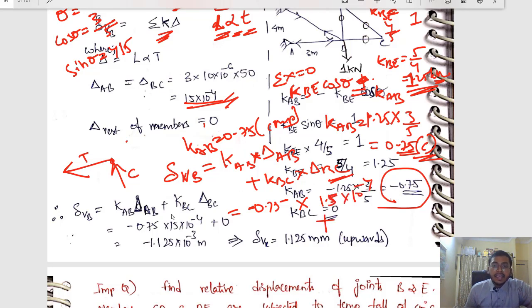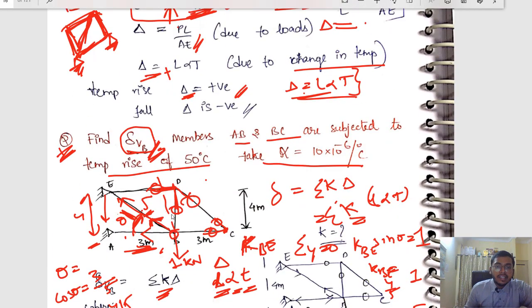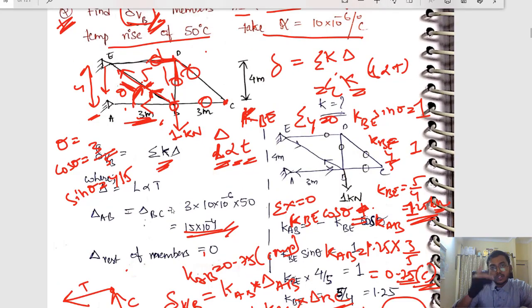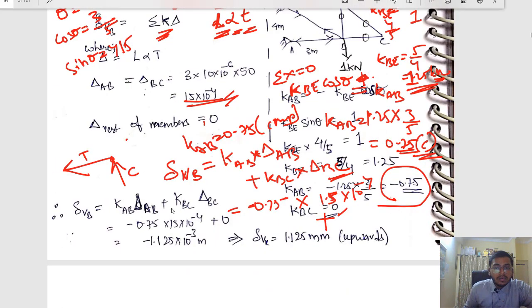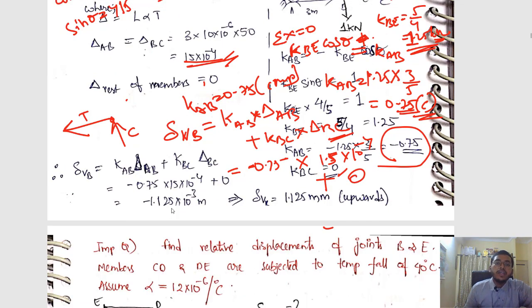Plus KBC. KBC is 0, as we clearly got, so KBC into delta will obviously be 0. So what will I get? 0.75 into 1.5 into 10 to the power of minus 4. I will get minus 1.125 into 10 to the power of minus 3 meters.